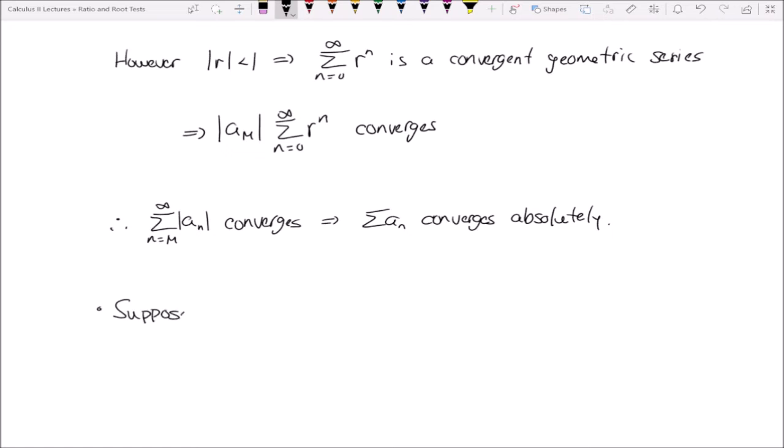Now, second possibility: suppose that rho is greater than 1. Then we may choose a value r such that 1 is less than r, which is less than rho.